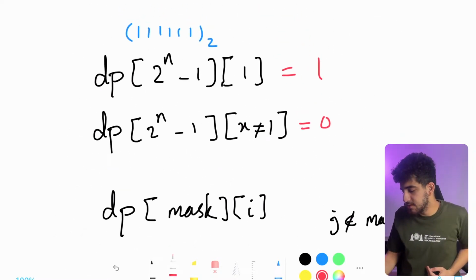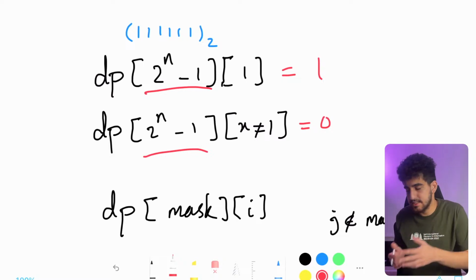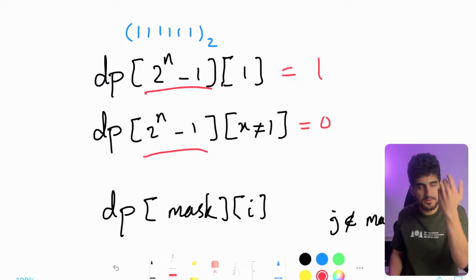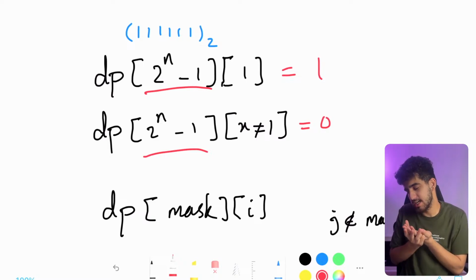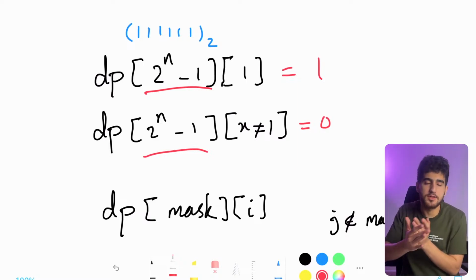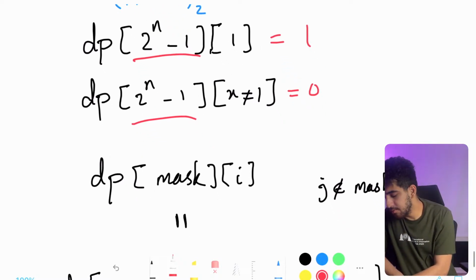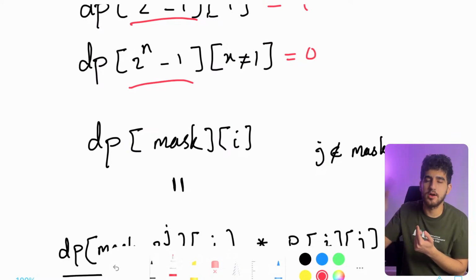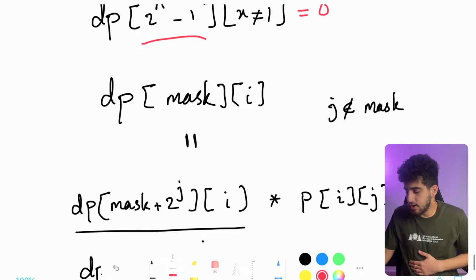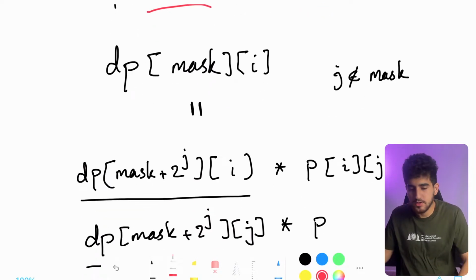I started from dp of all bits being set and I'm going backward. This is a solution that shows that we can also go backward on masks. When I'm calculating dp of mask, all the greater masks are already calculated. So I know what dp of mask plus 2 to the power of j is.